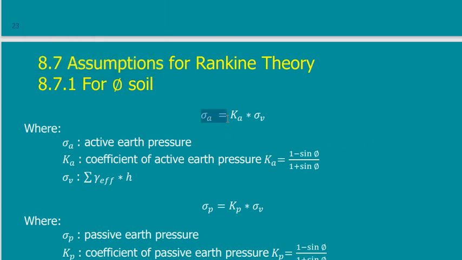The first equation given by Rankine theory is that sigma active, the active horizontal stress, equals K active multiplied by sigma vertical.